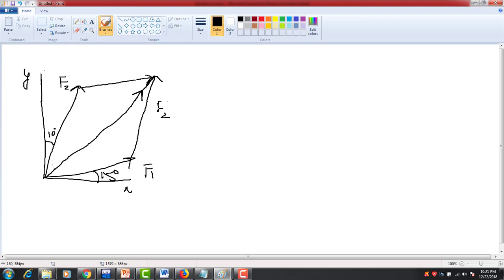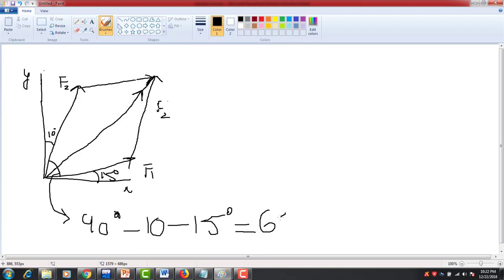Now the angles. We know that the angle between the x and y axis is 90 degree. So this angle becomes 90 degree minus 10 degree minus 15 degree, that is equal to 65 degree.